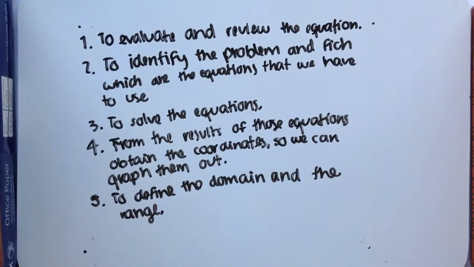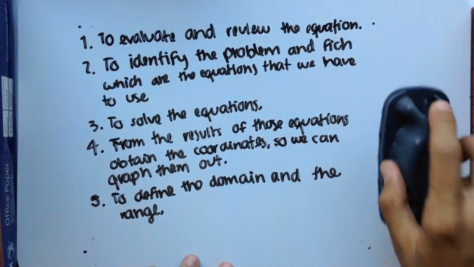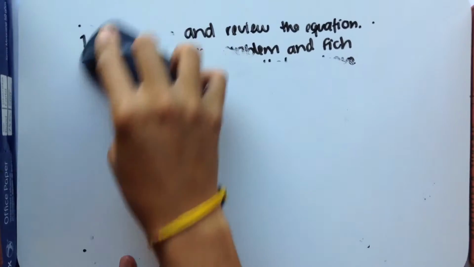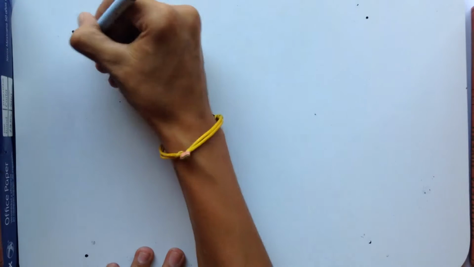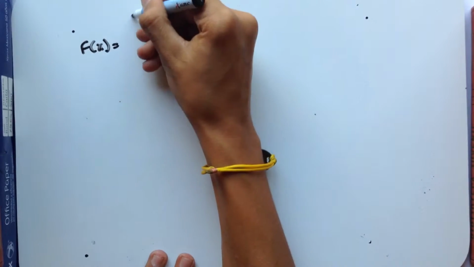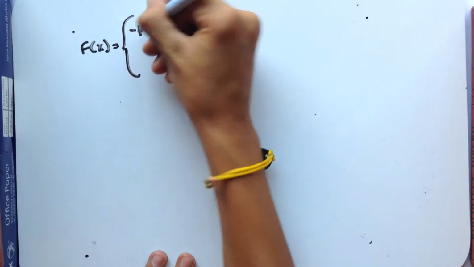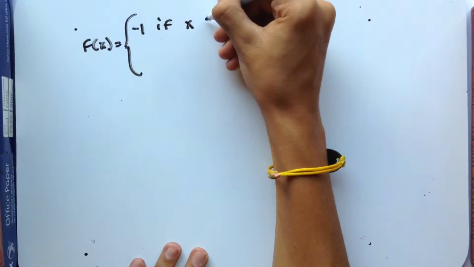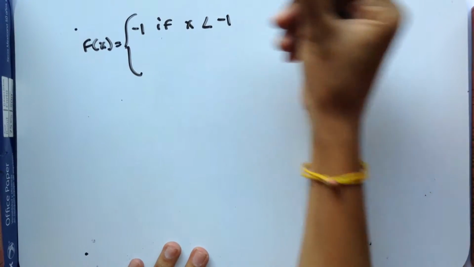So let's start with the procedure that we are going to follow to solve this piecewise function. So we have that f of x is equal to minus 1 if x is less than minus 1.